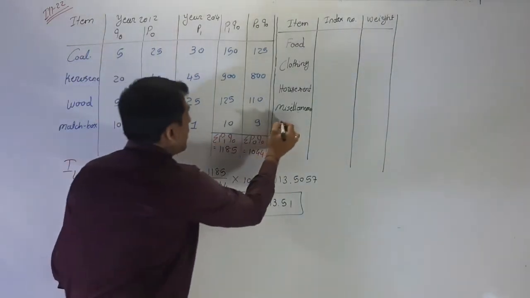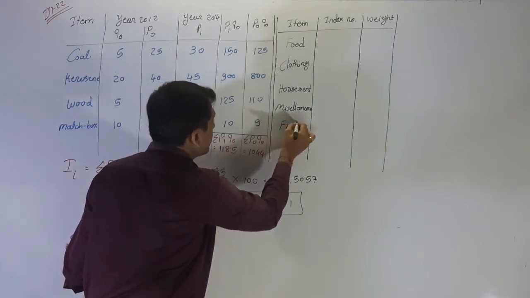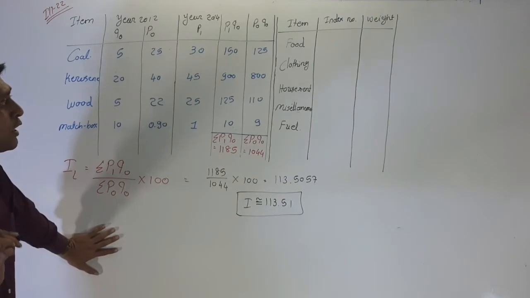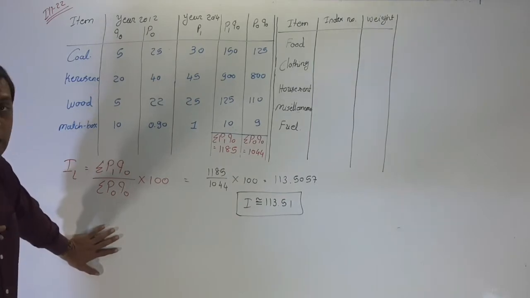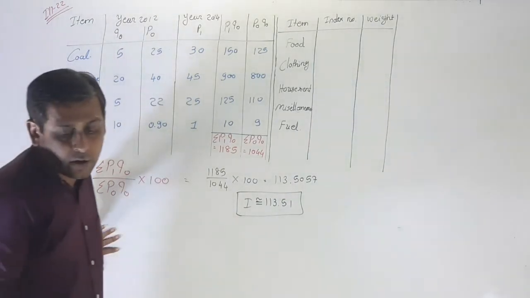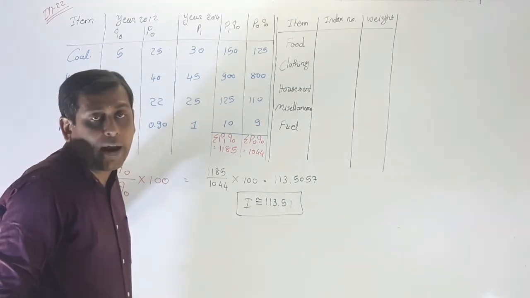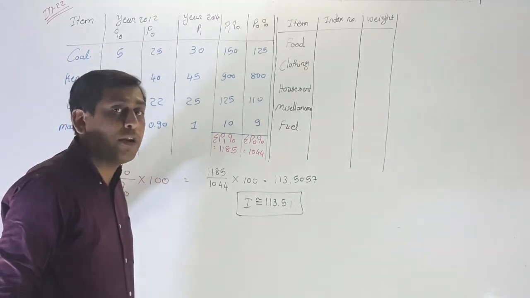That's why we have to write here fuel. Index numbers of food, clothing, house rent and miscellaneous are given as 3, 2.5, 4.5 and 3.25 times.